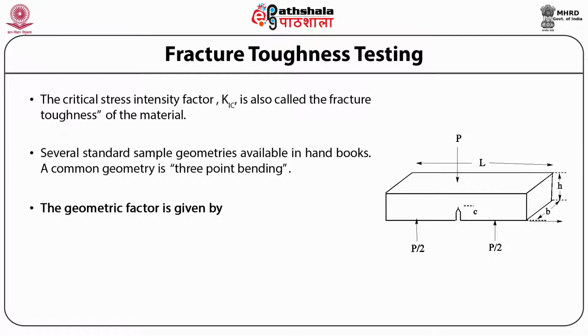For this case, the geometric factor is given by the polynomial expression for the case when L by H equal to 10. This expression is Y equal to 1.93 minus 3.07 multiplied by C by H, plus 14.3 multiplied by (C by H) the whole square, minus 25.11 (C by H) the cube, plus 25.8 (C by H) to the power 4.